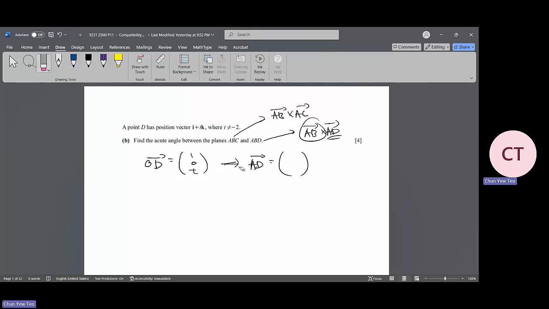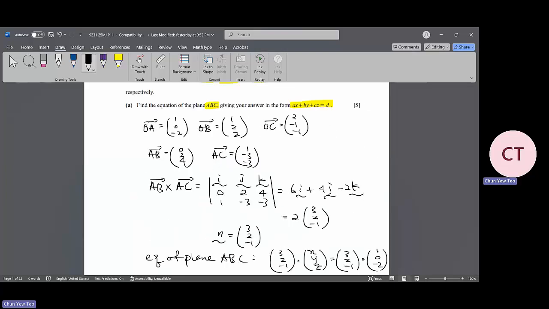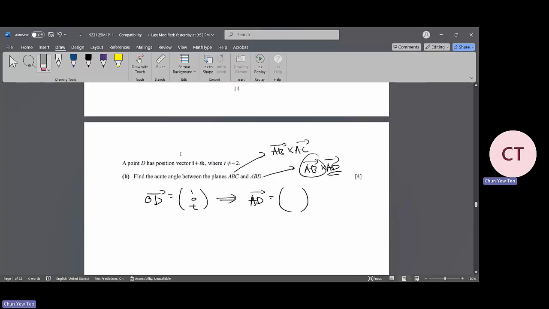The vector AD. Just now the A was, this is the OA, 1, 0, negative 2. So maybe I write OA here, 1, 0, negative 2. So AD will be 0, 0, D plus 2.